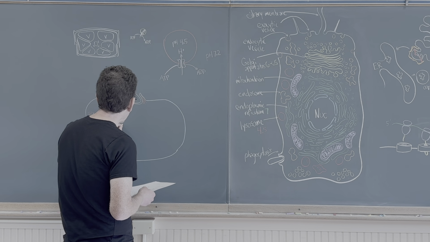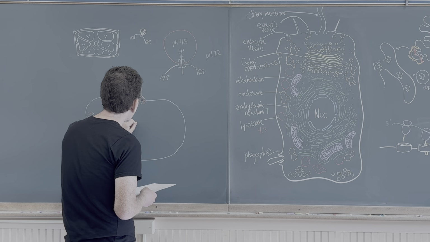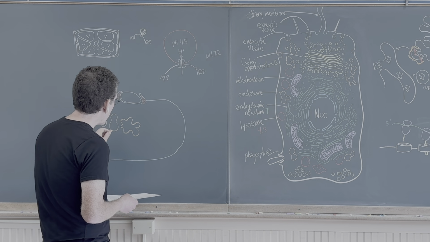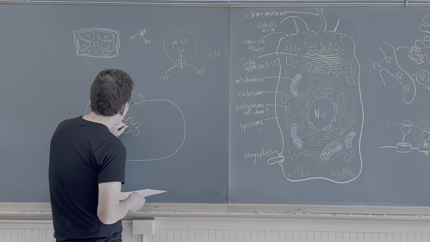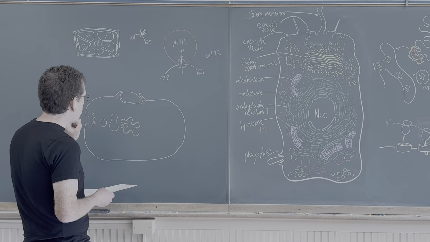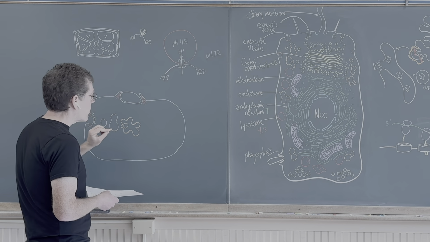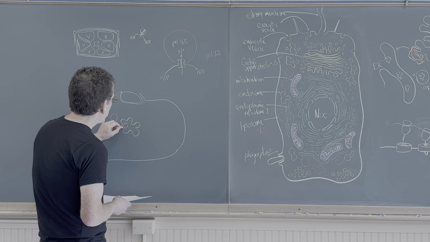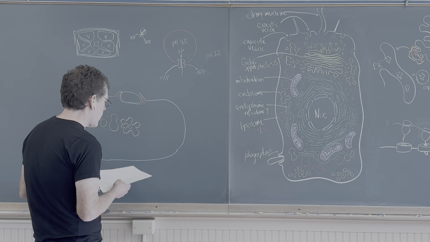They fuse to make endosomes, fuse with Golgi-derived vesicles. Endosomes can take on topologically complicated shapes. For example, if receptors have been endocytosed, to remove them from the cell surface, then one of the strategies to keep those receptors from continuing to signal to the cytoplasm is to pinch them off into internal vesicles inside endosomes.